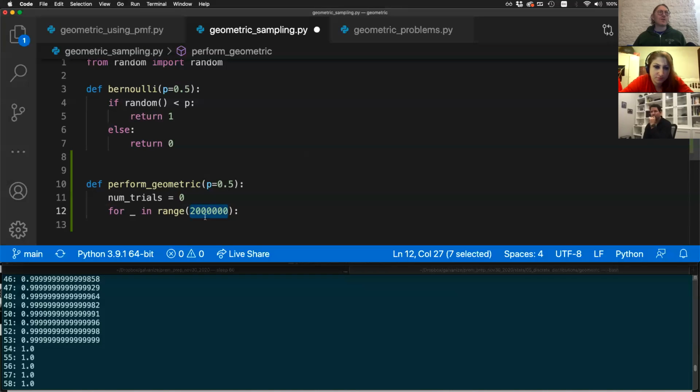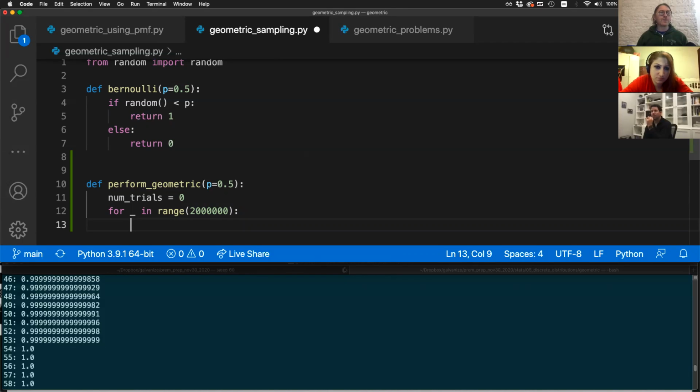No. Maybe if we ran this for thousands and thousands of years, we would have a nice 2 million for loop run where this fails. But given the probability set at 0.5, the most likely outcome is the number of trials equaling 1, a very, very common outcome, right? So I'm going to say for whatever in range arbitrarily large number.